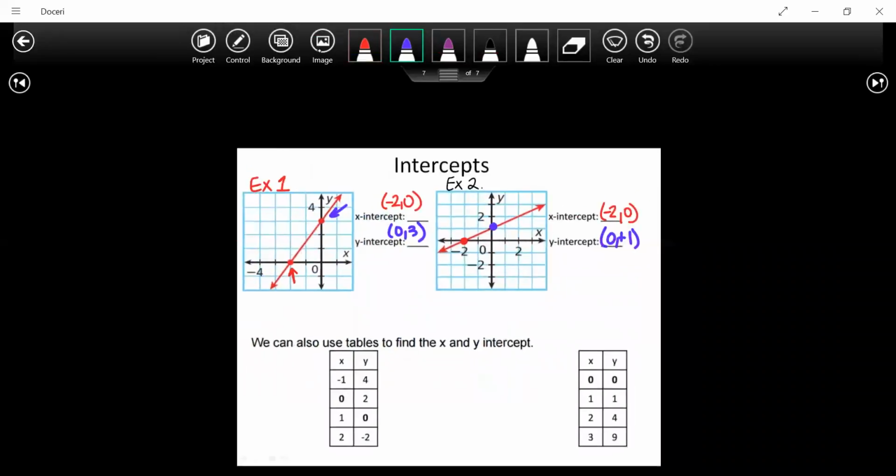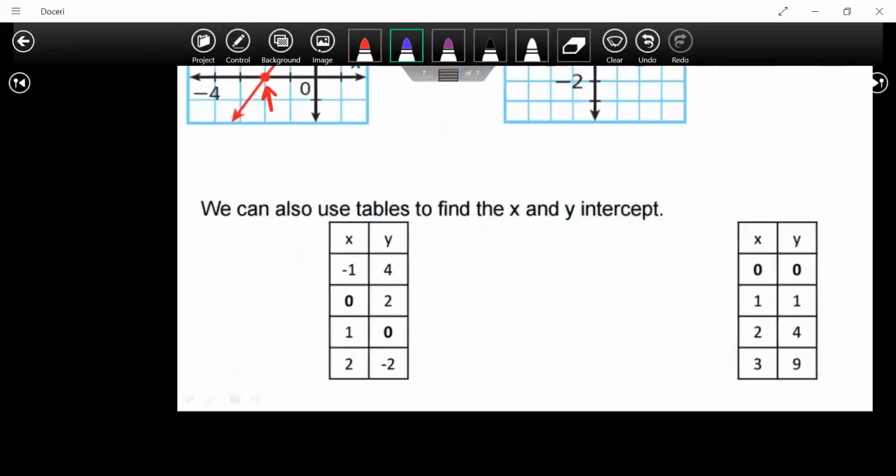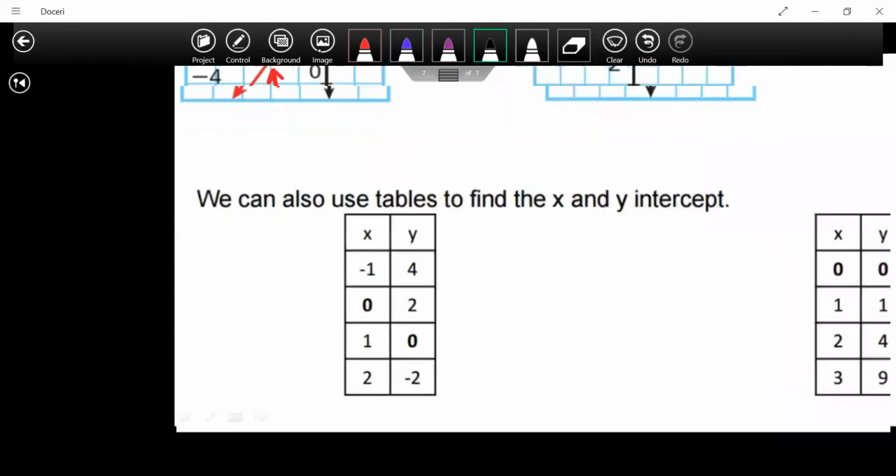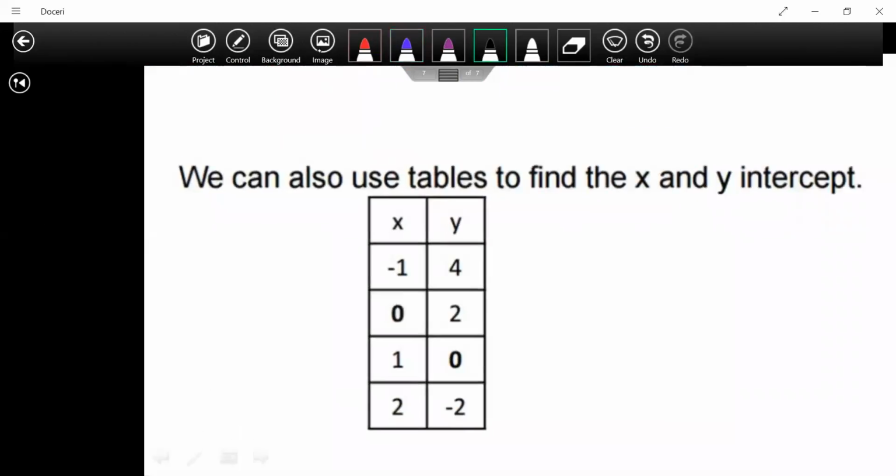One thing that we talked about before is if I give you a chart, you should be able to tell me where the intercepts are. When the value of X is 0 or the value of Y is 0, you have an X or Y-intercept. None of these have a 0, so cross those 2 out.